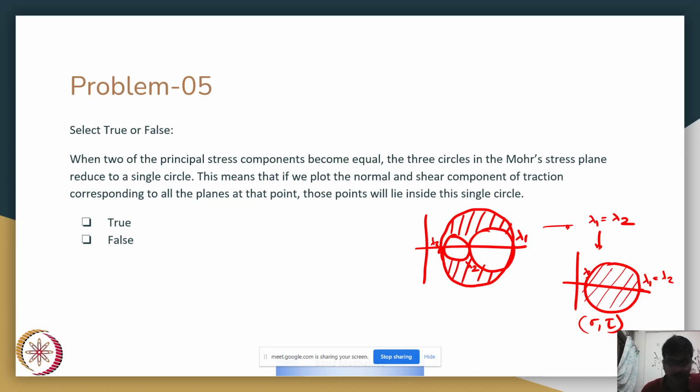False. Yeah, false, correct. As this keeps on shrinking, you would end up with something like this, and the area will become smaller and smaller till what actually remains is just the line of the circle. So it will lie only on the circle.